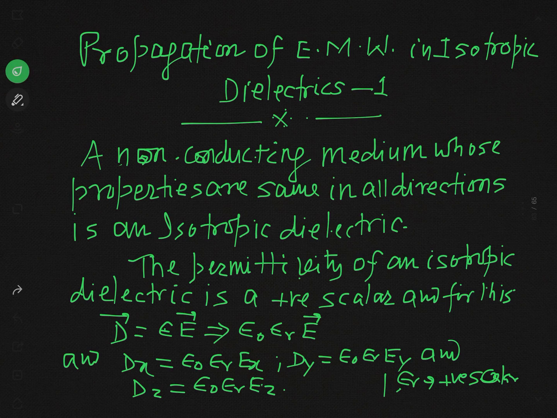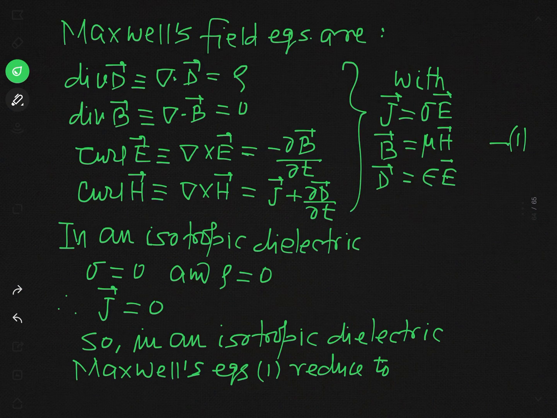Today we are going to discuss the propagation of electromagnetic wave in an isotropic dielectric, where this linear relationship between D and E will exist. As you have seen, whenever we discuss the wave propagation in a particular medium, we first of all find the wave equation, and that wave equation is found by solving Maxwell's field equations in that particular medium.